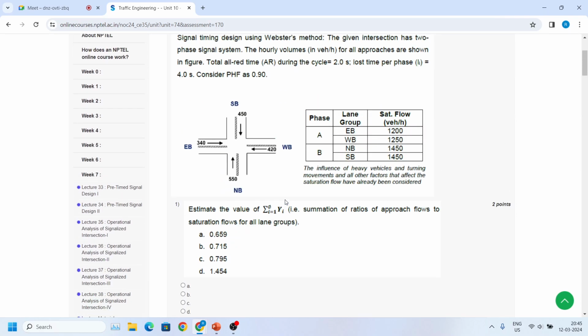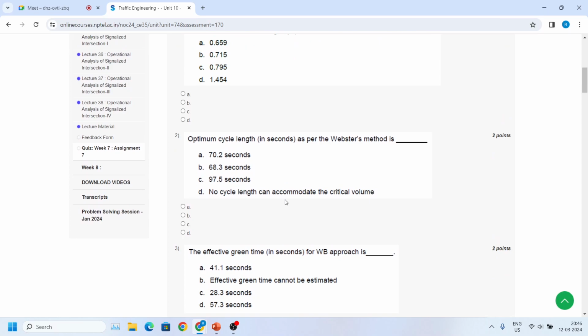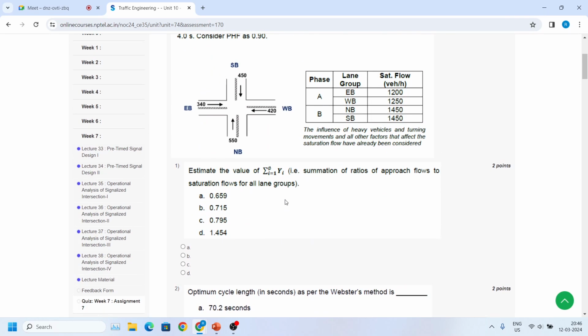Phase E. Okay, I see. So yeah, generally you find out the phase-wise effective green, and for the westbound one, okay.